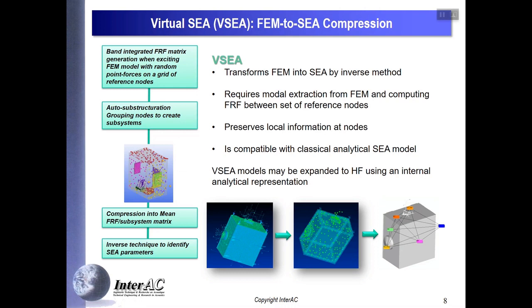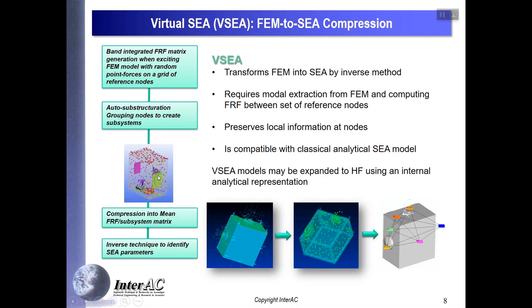At each node we compute the frequency response function in the three directions, and then from this, for each point being considered as an excitation point or an output point, we compute a large matrix of frequency response functions. This large matrix is first projected in the direction of maximum mobility to associate a scalar value to each node, and we do the partition of this matrix into groups of nodes.